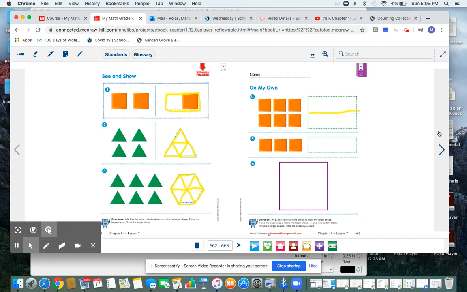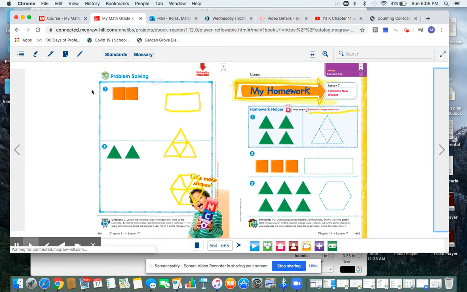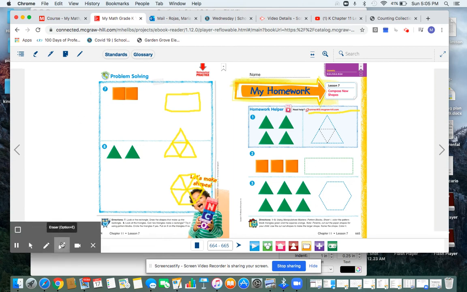Then if you go to the back, 7 and 8, for number 7, you are going to look at the rectangle and draw the shapes that make up a rectangle.